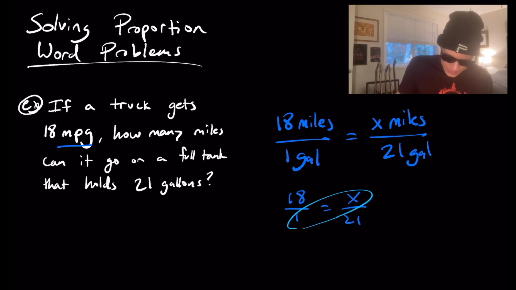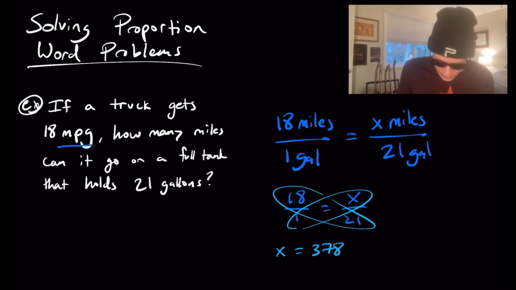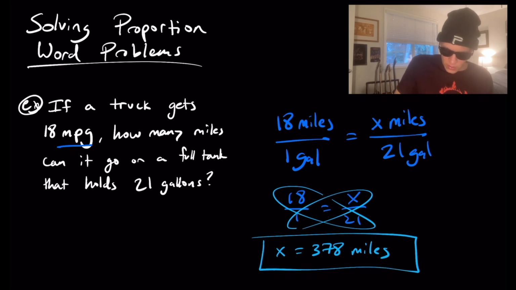So 1 times x is x, and then 18 times 21 is going to be 378. And since this question is talking about miles and gallons, we will have our units in our answer. So on a full tank of gas, you'll be able to go 378 miles in this truck.